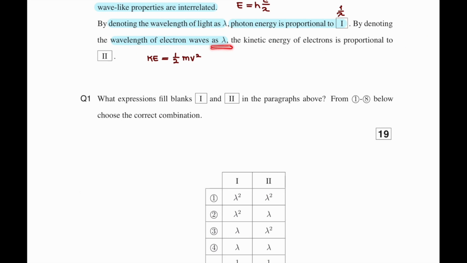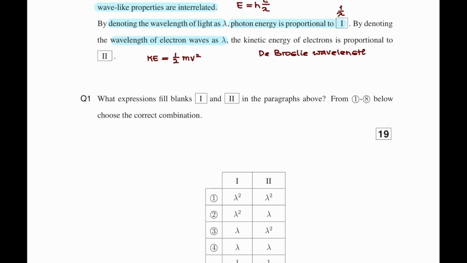To find the wavelength of a particle, we can use the equation called the de Broglie wavelength.